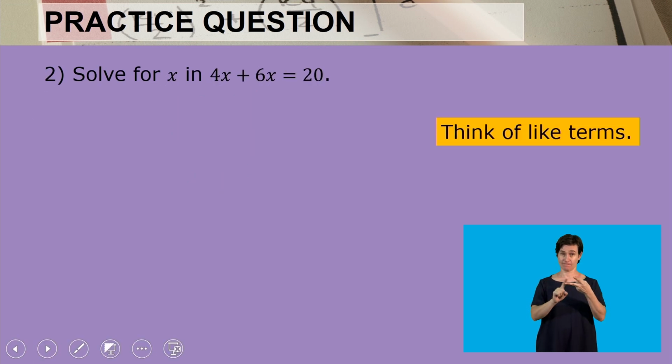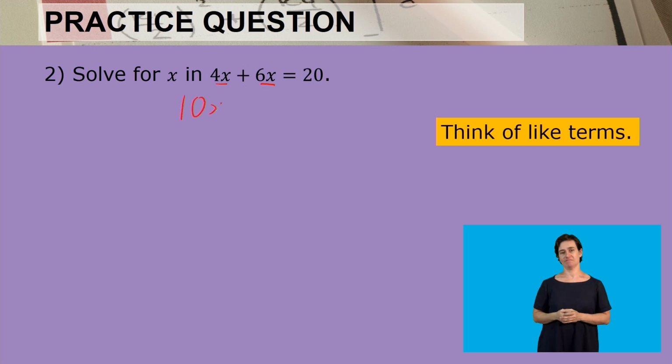Let's look at the next one. Solve for x in 4x plus 6x equals 20. Looking at that, we see that 4x and 6x are like terms. So 4x plus 6x is 10x equals 20.